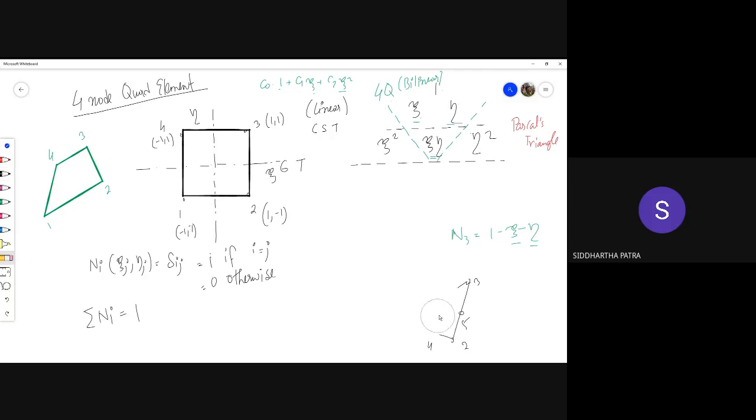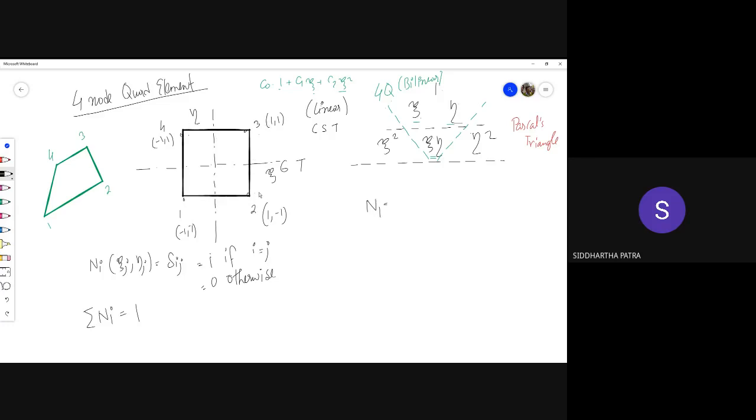Now, look at node number 1. N1 is supposed to be 0 on node number 2, node number 3, and node number 4. That means it is supposed to be 0 on the line 2, 3, and it is supposed to be 0 on the line 3, 4.